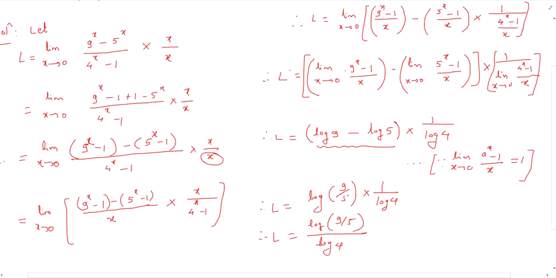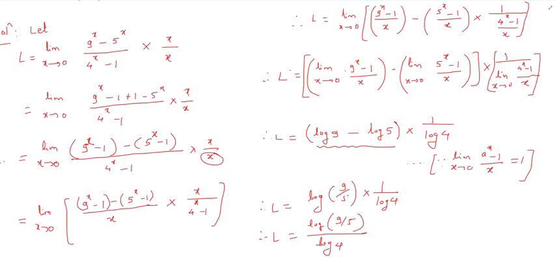So this is our required answer. We can think of one more thing: if we take the square of this 9, that is 3 squared, it is not possible to take it outside, so our answer should be that L is equal to log(9/5) upon log 4.